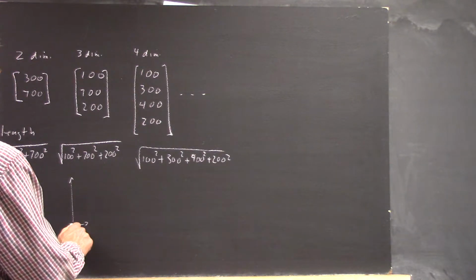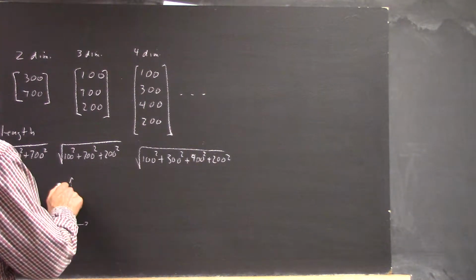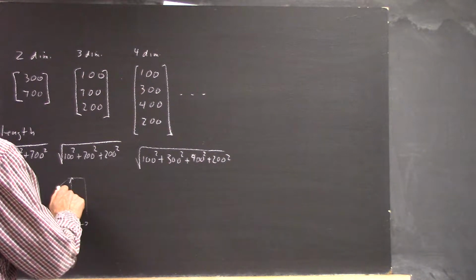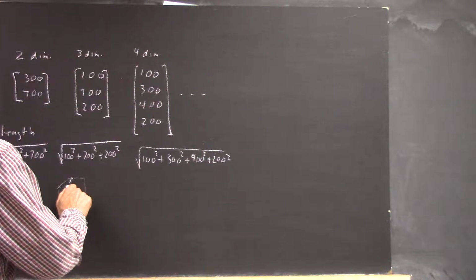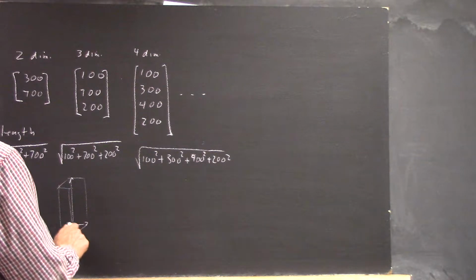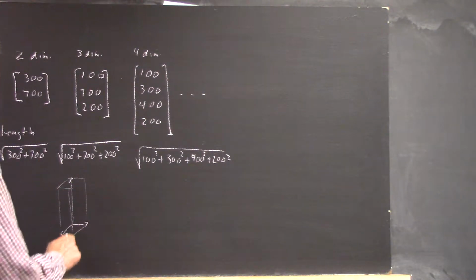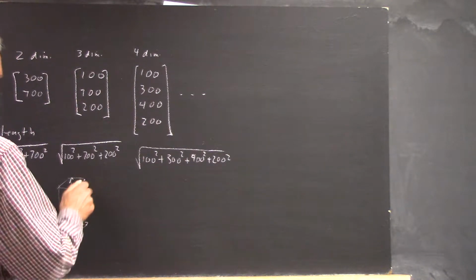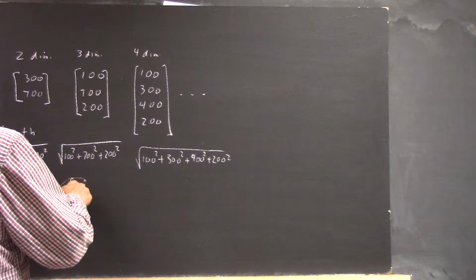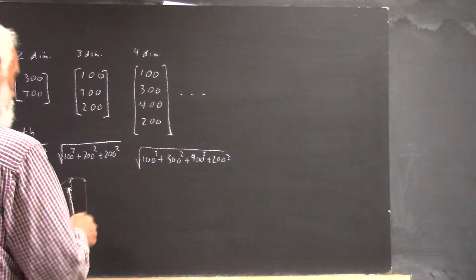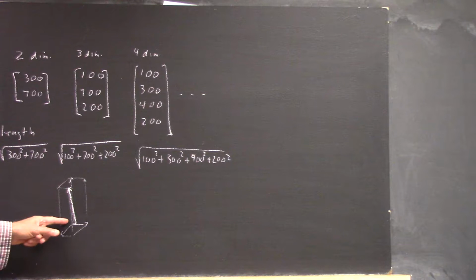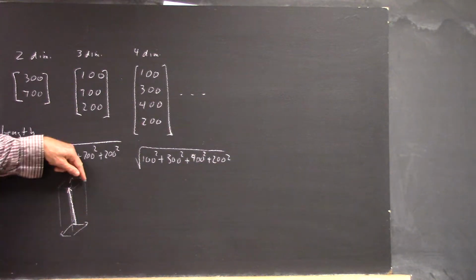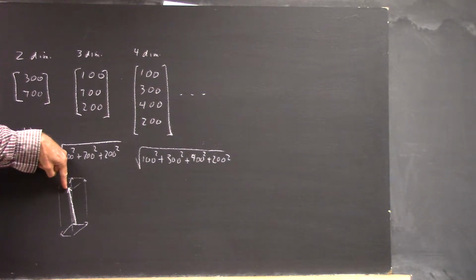But then you've got another dimension that comes out 200 in this direction, so you have the rectangular box here, and it's just the diagonal that goes from here up to here. I'm sorry, up to here. So it kind of looks like it's almost parallel to this one, but if you start here, go this far, and then go this far, that's where you end up, right?